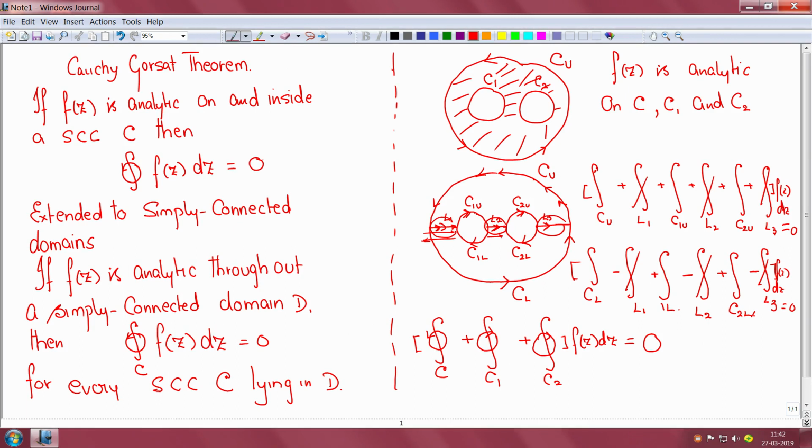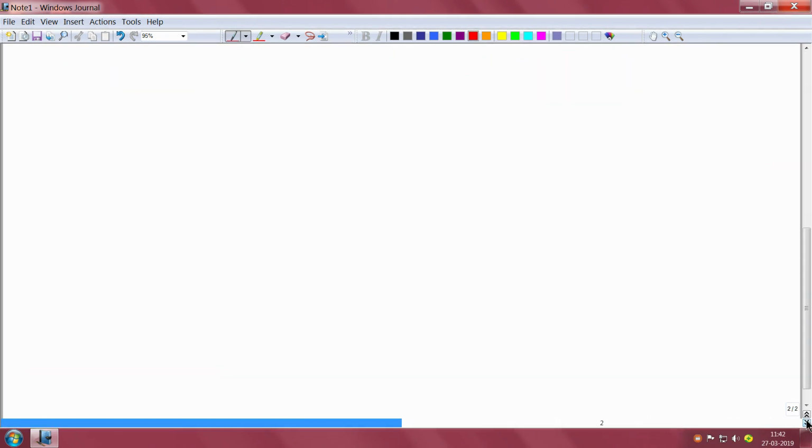Okay. Now, what I will do, we need to go to the next page. I will bring C1 and C2 to the other side.